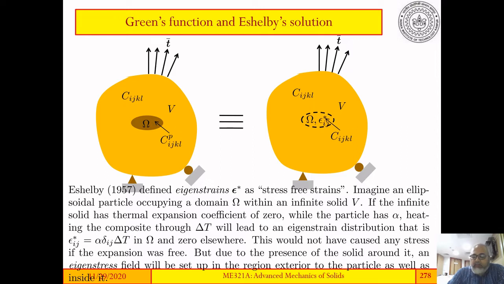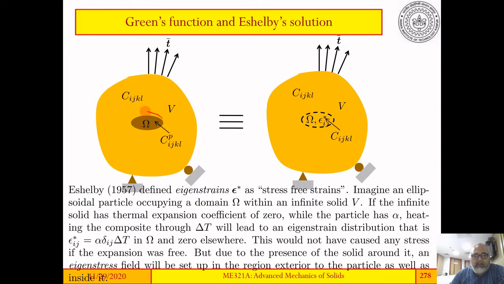You can find Green's functions for several other problems, but now we will demonstrate a problem that was solved by Eshelby in 1957, and in several other works very soon thereafter, where he solves the problem of an ellipsoidal particle, which is denoted here by omega.